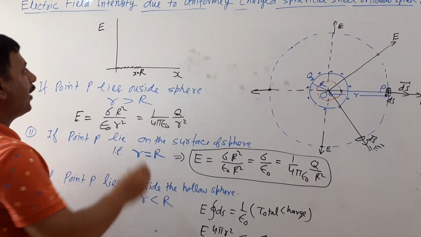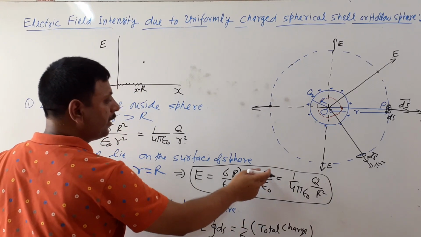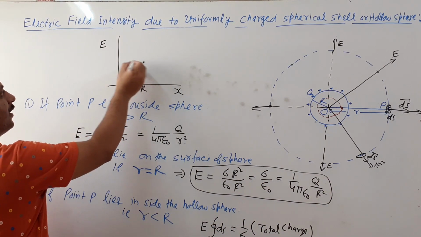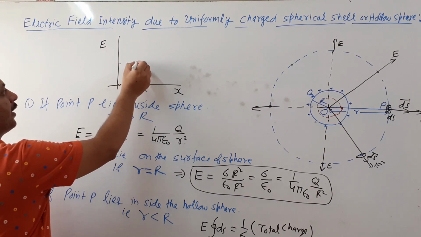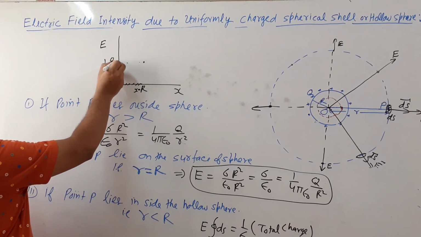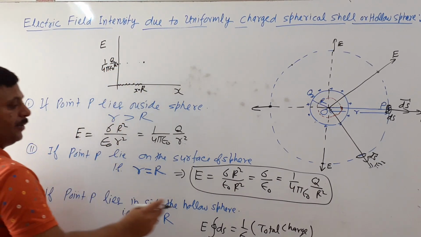Suddenly at r, the electric field intensity becomes 1 upon 4 pi epsilon naught q upon r square. So this is the point where it has that value.